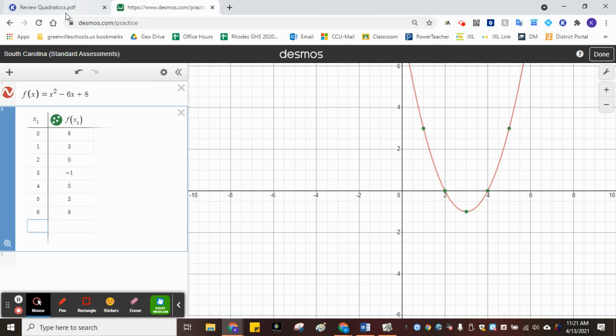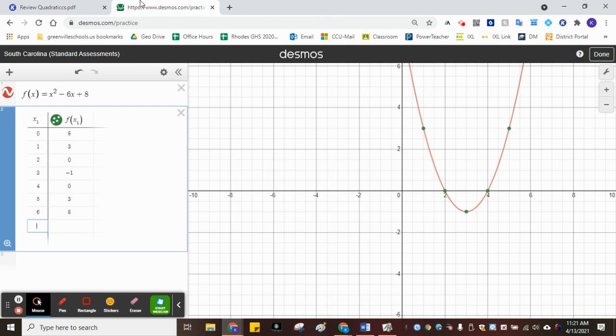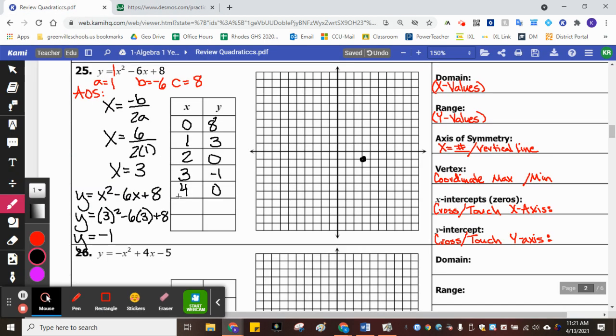Just fill out your table. Your calculator does it for you. 4, 0, 5, 3. And see, it's symmetrical. So once you get your vertex, it's symmetrical. So that was my vertex, 3, negative 1.